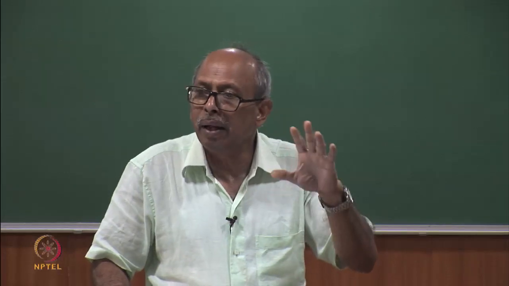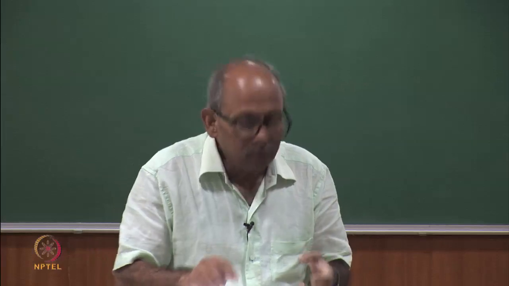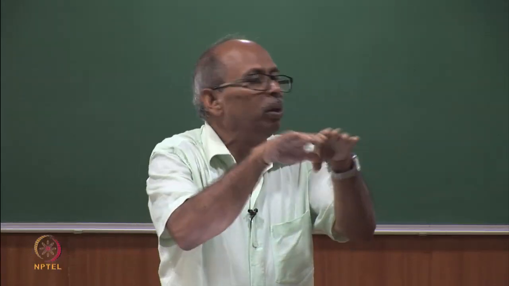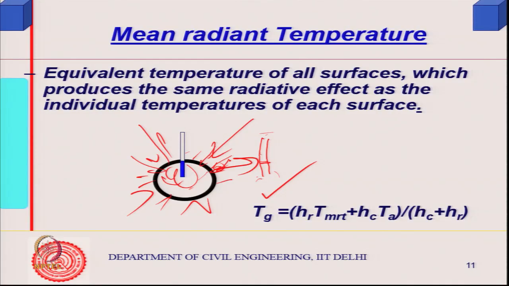A steady state will be reached after I have put in the globe thermometer. The temperature will rise and then stop. At that point, whatever heat is being received must be dissipated out to the surrounding air. So it receives heat by radiation and dissipates that heat to the surroundings by convection, and if the air temperature is lower, convection and radiation both.